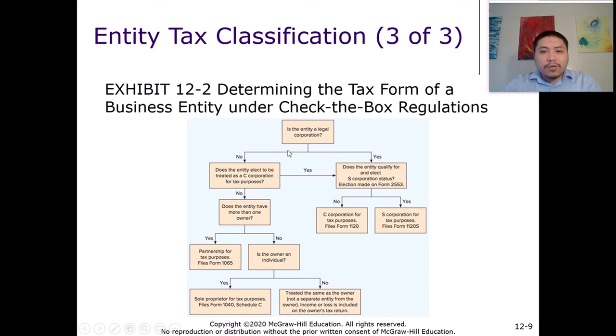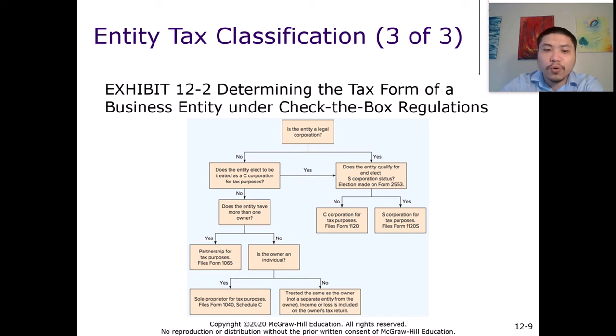What about if the entity is not a corporation? If the entity is not a corporation, then the taxpayer can still choose to treat the business as a C corporation. But if not, then the taxpayers have to judge whether they are a partnership or a sole proprietorship.